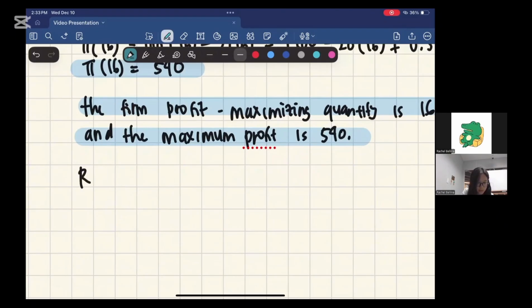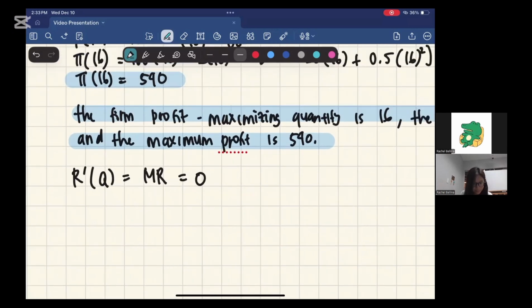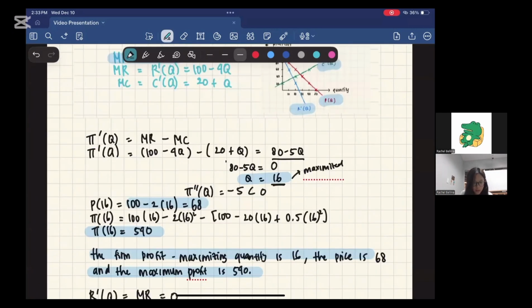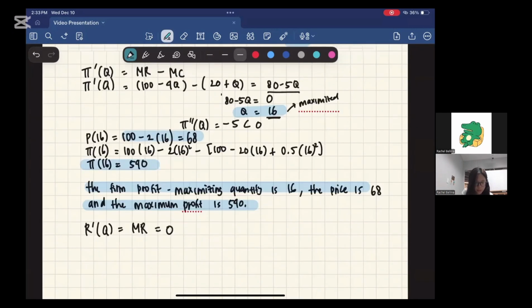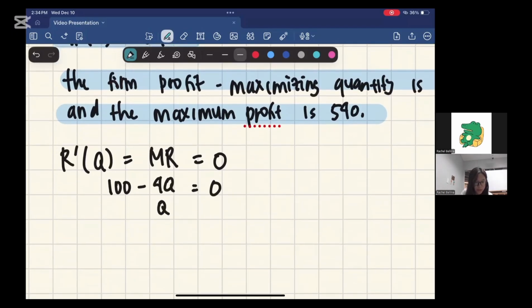And so the derivative of R of Q equals MR. So we need to input the numbers. 100 minus 4Q equals 0, and Q is 25.